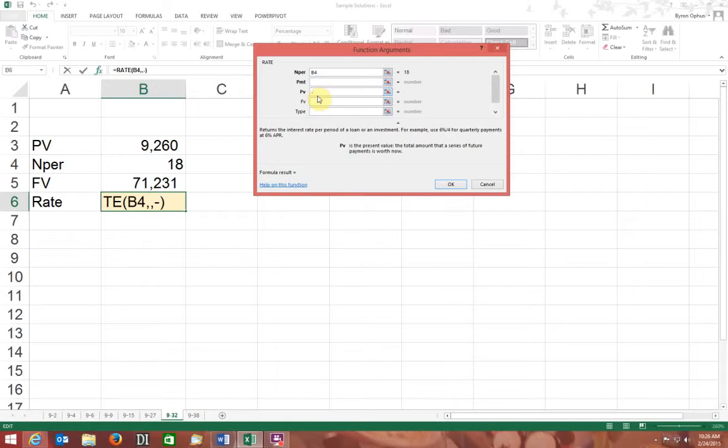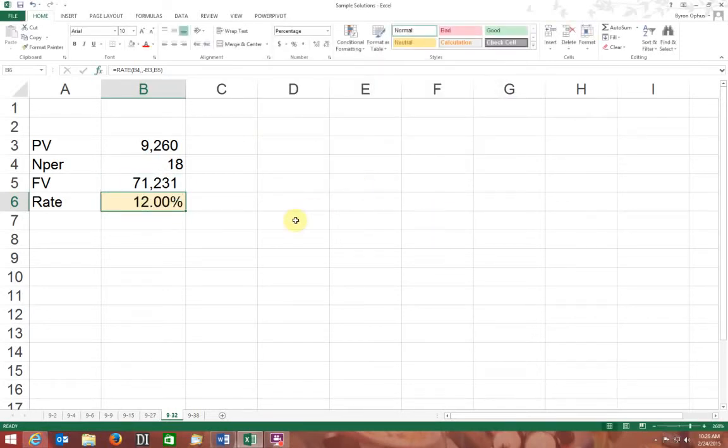So I'm going to put this in as a negative number because that's what my investment was. That's what left my pocket. Okay, so it's this, my present value. And then I have a future value, which is this, which is given to me. It tells me what my answer is, 0.12, which is going to be 12% then, right? Okay, and that is the correct answer.